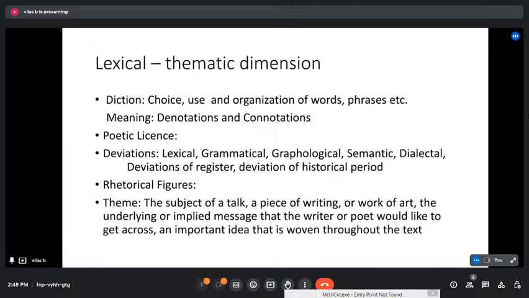So deviations from historical periods. The archaic words are used, the historical words are used, the words which were used earlier, might be centuries ago. The archaic words are used, and that is a deviation. For example, the poem by John Keats, "Thou still unravished bride of quietness, thou foster child of silence and slow time."